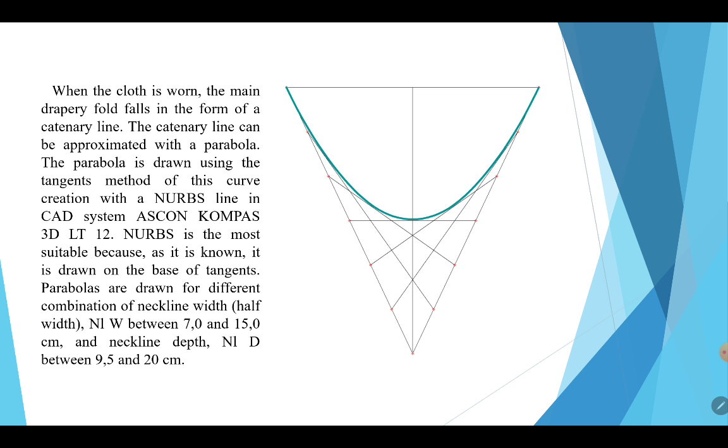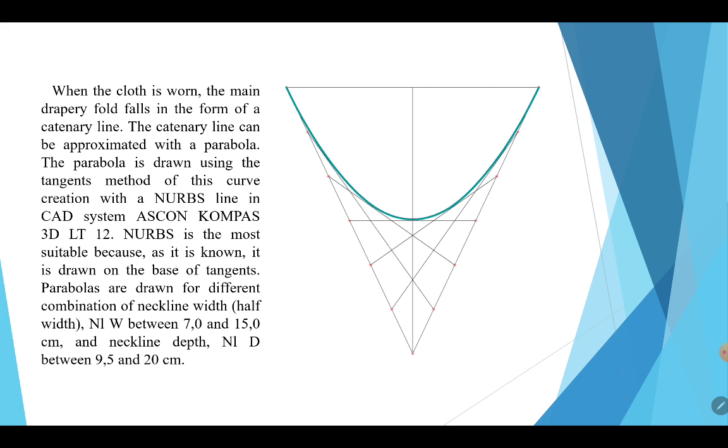When the cloth is worn, the main drapery fold falls in the form of a catenary line. The catenary line can be approximated with a parabola. The parabola is drawn using the tangents method of this curve creation, with a NURBS line in the CAD system Compass.